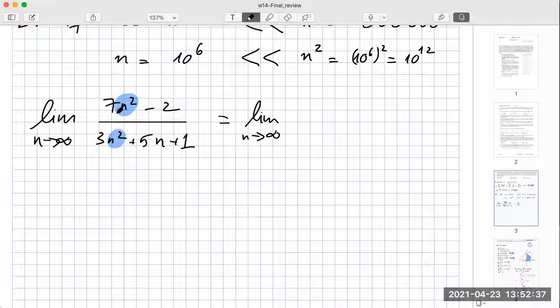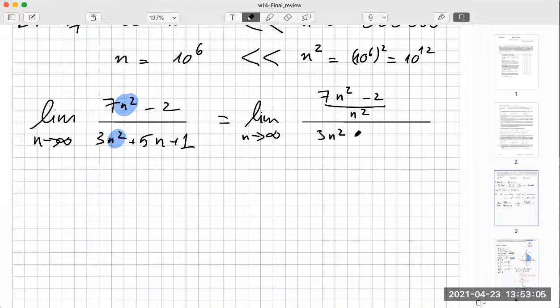In this case, a remark: if the highest degree of the numerator and the highest degree of the denominator are the same, then we can simply divide by the same thing. In this case, it's n squared, and the denominator, n squared plus 5n here.